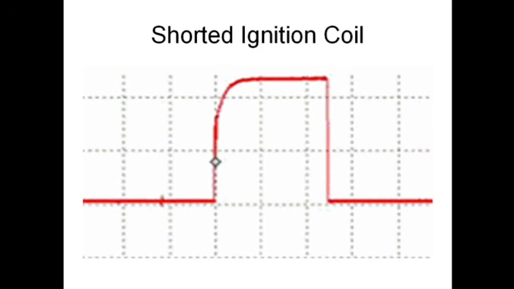I want to talk a little bit about what's going on in our industry regarding coil on plug testing. The vehicle comes into your shop, customer complains of a misfire, flashing check engine light, you retrieve trouble codes. We'll just say you pulled a code P0304, misfire on number 4 cylinder.